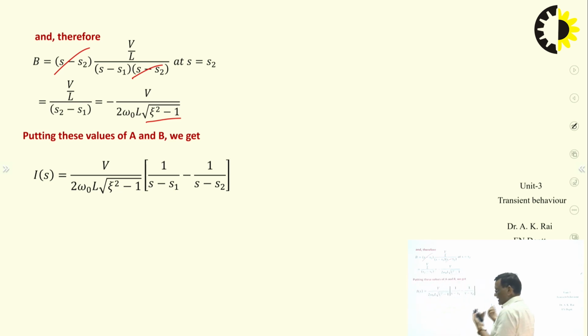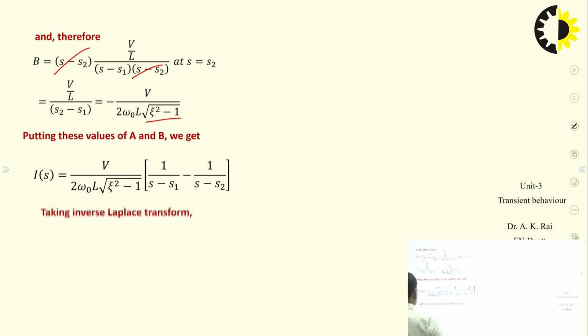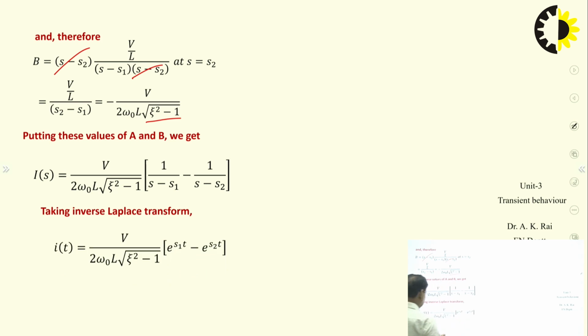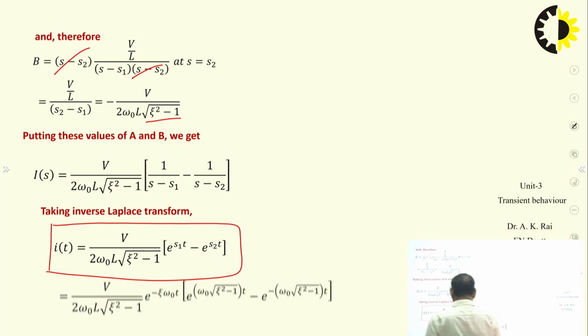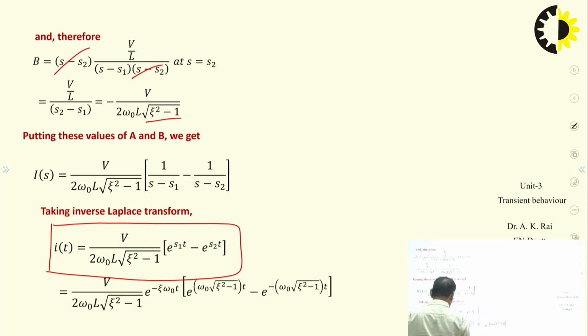Now, take the inverse Laplace transform of this IS to study the time behavior of this series RLC circuit when it is excited by a step input. So this is your time domain response of a series RLC circuit, and after putting in the values of S1 and S2 we get these expressions.